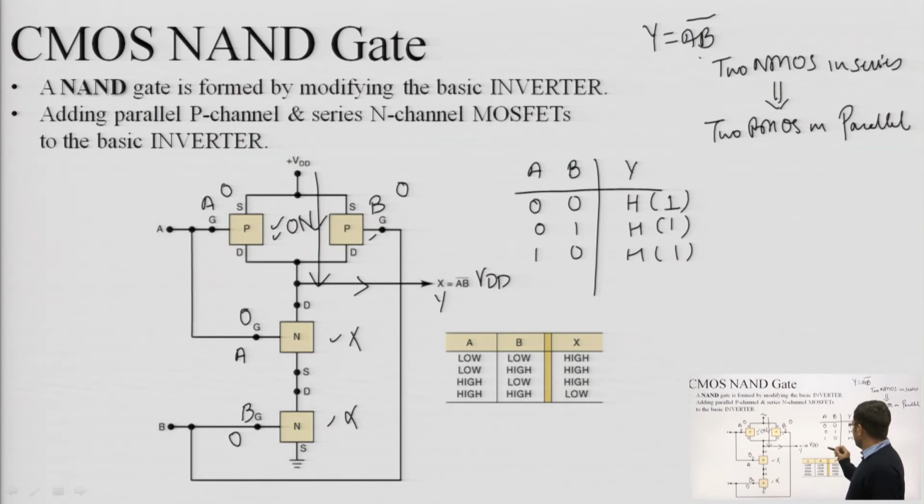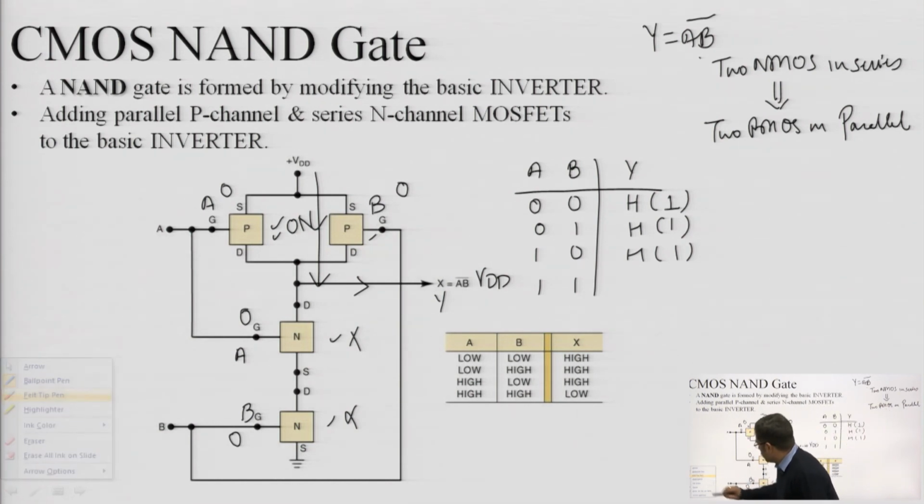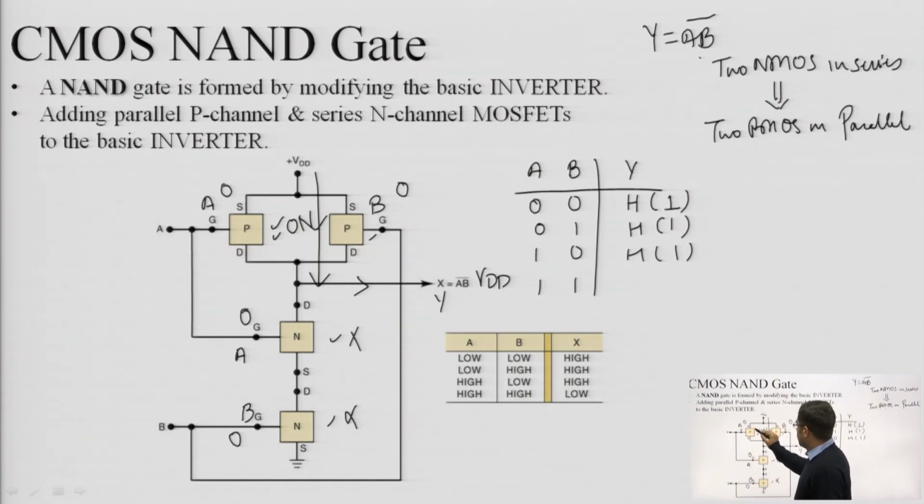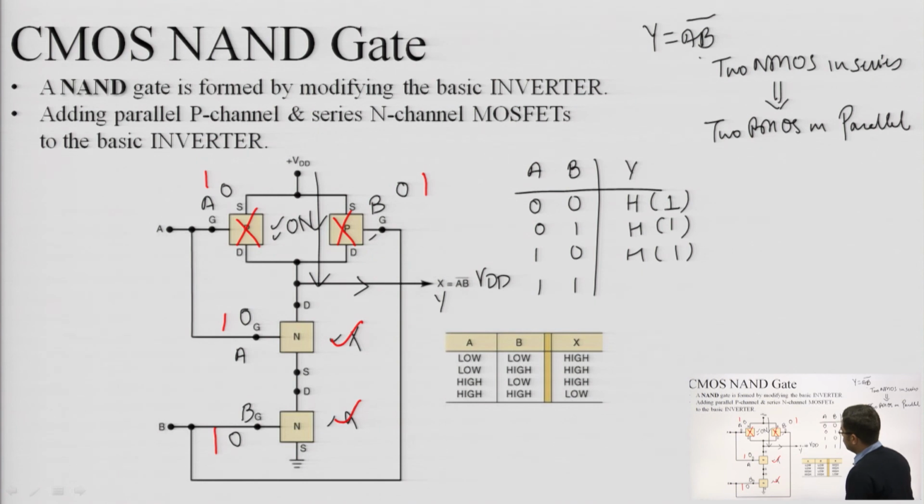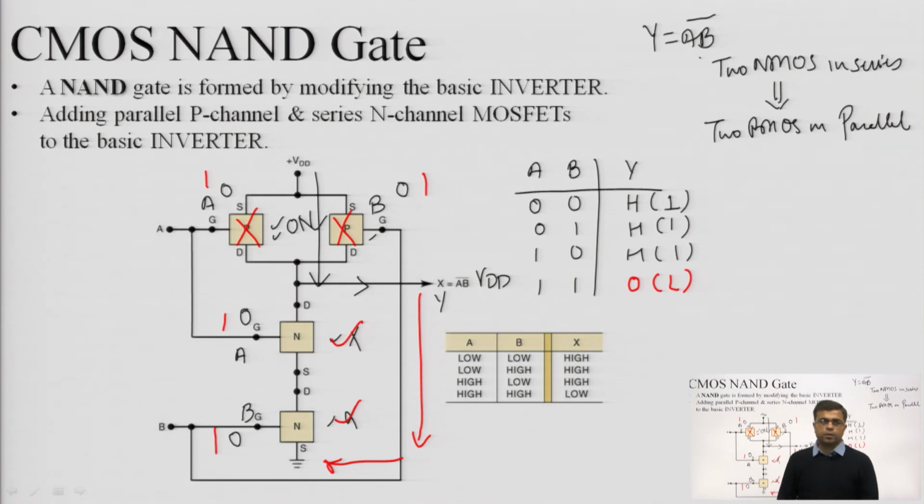But if both are high, then these two PMOS transistors will be off and both NMOS transistors will be conducting. In that case, the output will be connected to ground, so this will be 0 or low. This is the CMOS NAND gate operation.